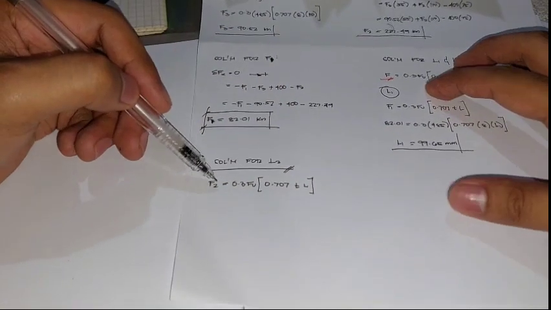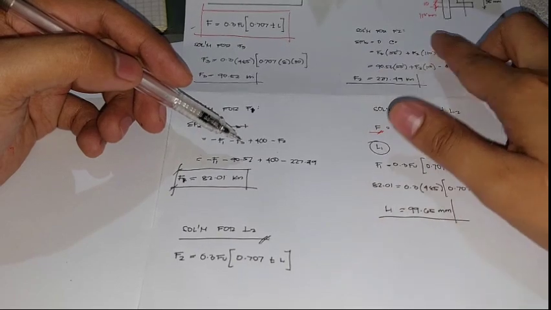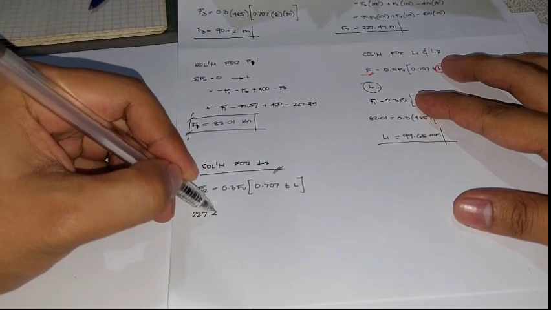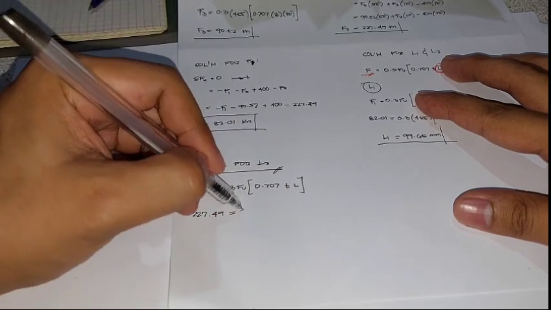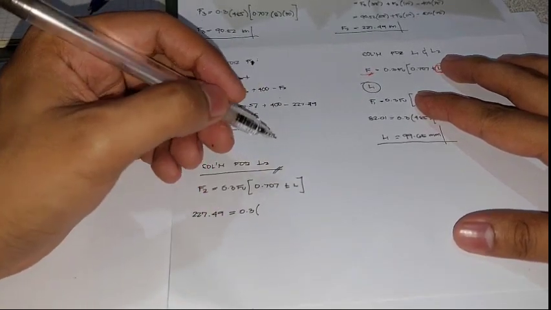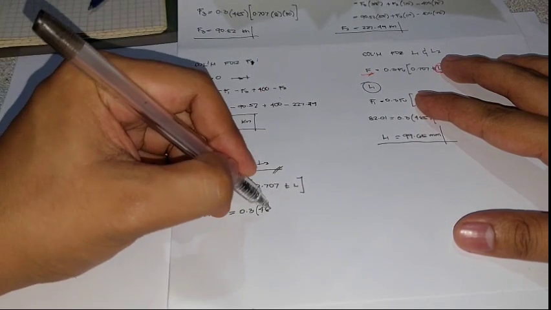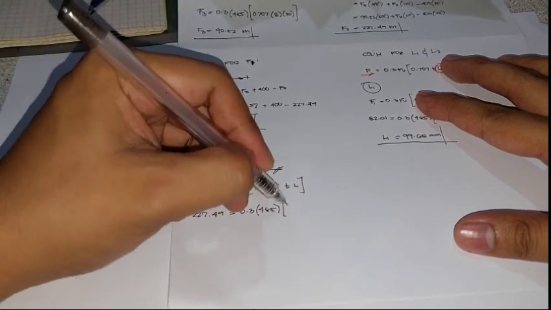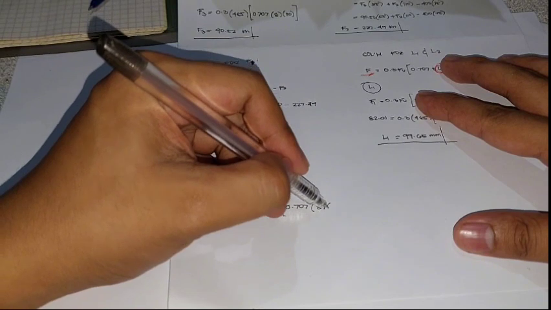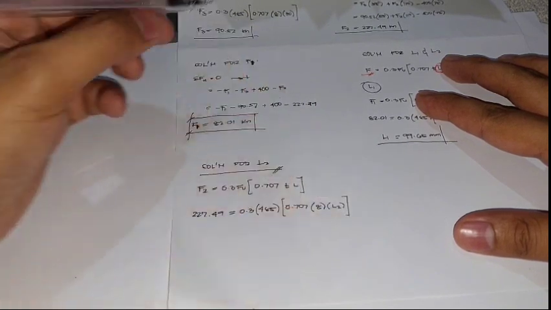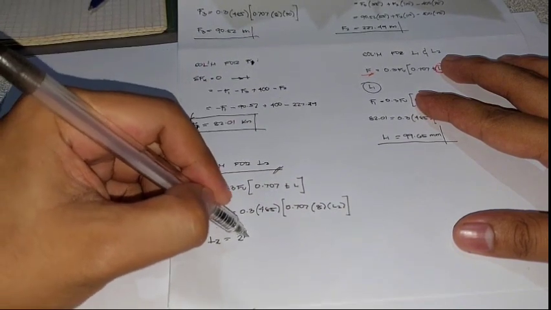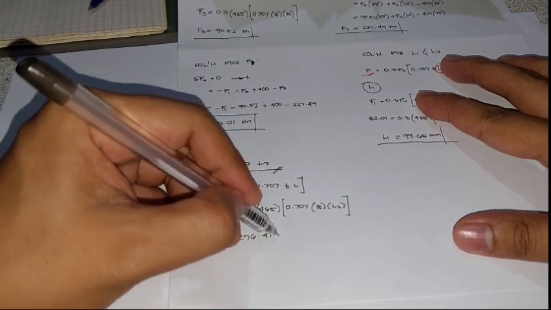F2 is already solved, which is 227.49, 0.3 FU is 485, times 0.707 times thickness, which is 8 as given, times L2, which is missing. Shift solve and the answer is 276.41 mm.